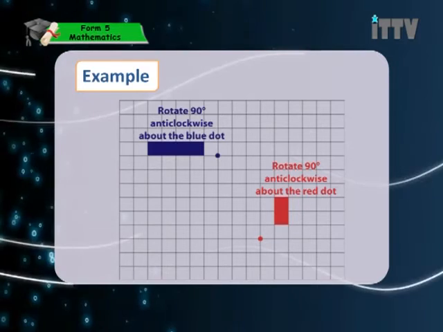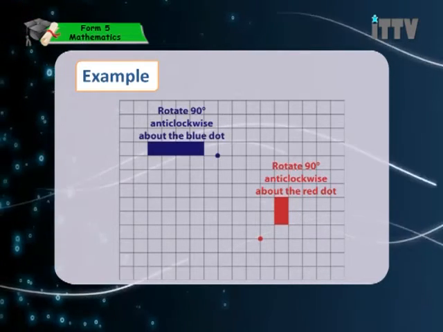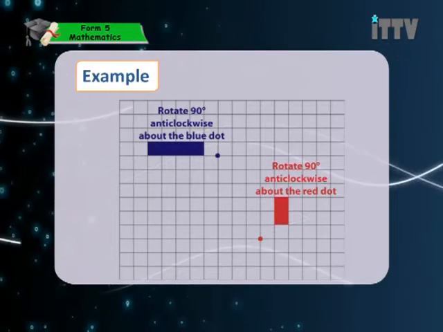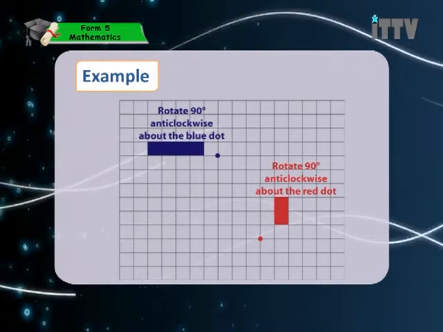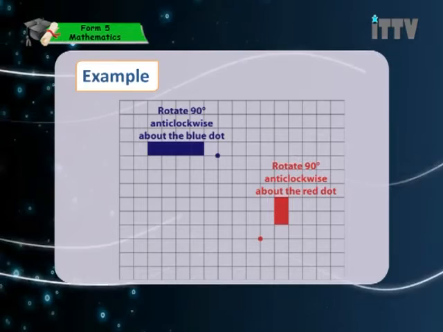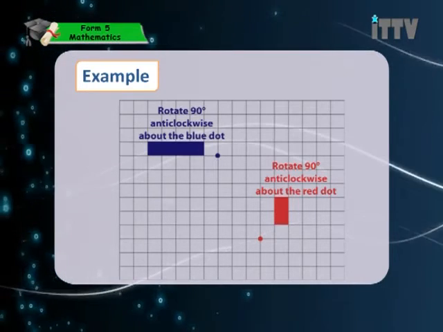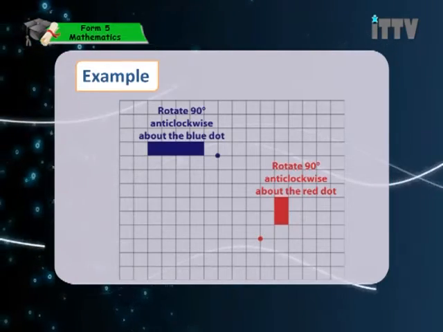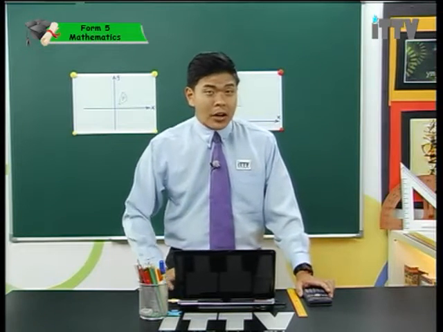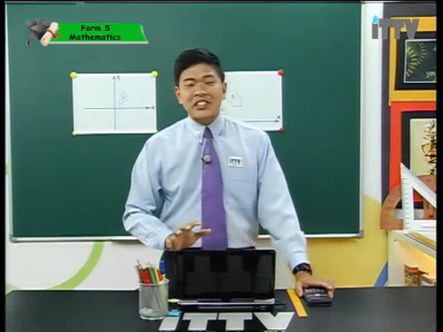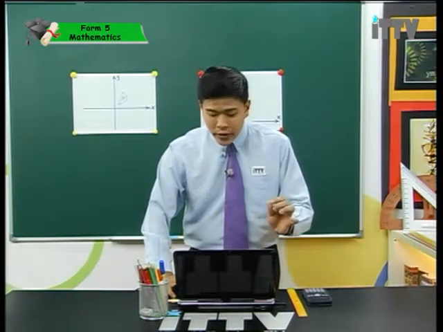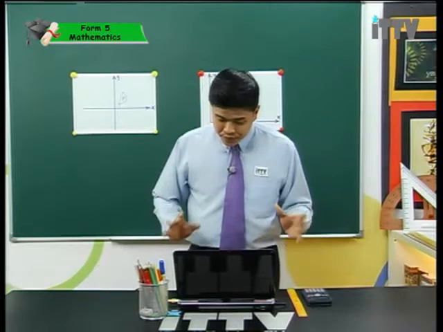We are going to rotate this object 90 degrees anti-clockwise about the blue dot. For the red object, take a look at the red dot. We're going to rotate 90 degrees anti-clockwise about the red dot. When we rotate both of them, what letter do you think you will get? Let me rotate this for you.